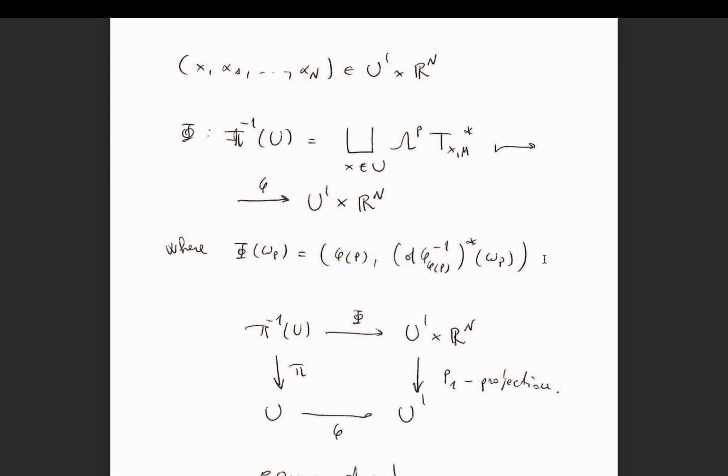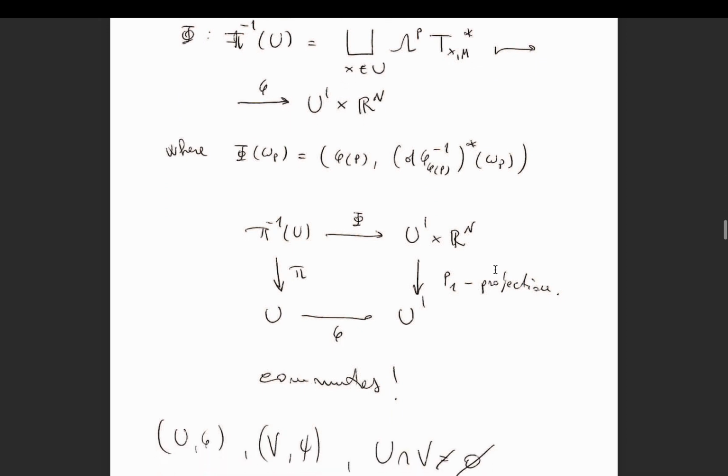The map Phi is such that the following diagram commutes. Pi to the minus 1 of U is mapped by capital Phi into U prime times R to the power of M. Pi to the minus 1 of U is mapped by pi into U. U is mapped by phi into U prime. U prime times R to the power of M is mapped by the projection onto the first component into U prime.